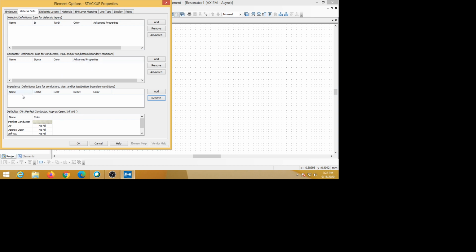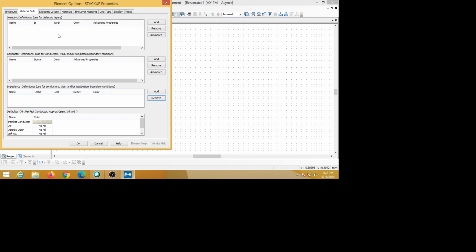And next here, impedance definition. In the impedance definition we are not providing any impedance definitions, so you do not enter anything in this one. Only we have to do the dielectric definition and the conductor definition. That means you should enter the dielectric material properties here, and the conductor properties, whatever you are using, we have to enter here.